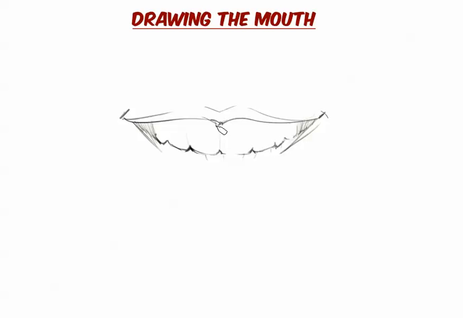Then on the top, just show a bit of the gum there. Most of the time with the teeth, they'll be angling inwards like this. So that's a quick way of drawing the teeth, and basically everyone has the same type of teeth unless they have teeth missing. Then yeah, go ahead and add that in.